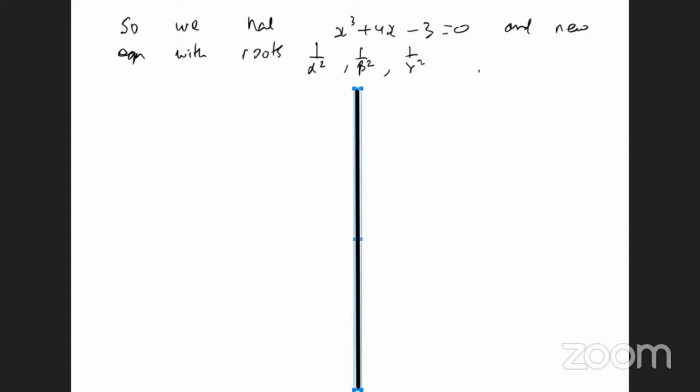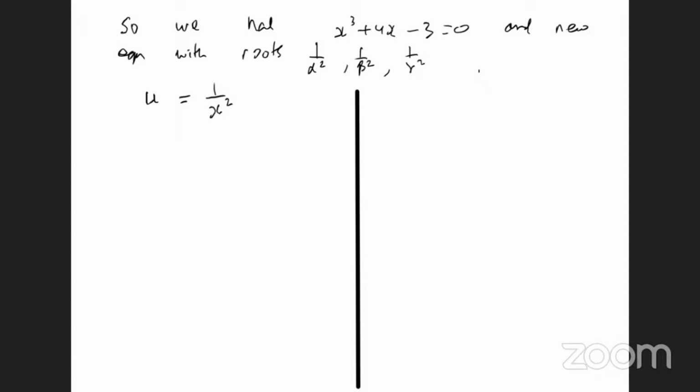So remember alpha squared and beta squared and gamma squared, right? Remember, those are the x values. Technically, we have 1 on x squared. All right? And 1 on x squared, let's make it equal to some new letter. Let's call it letter u. Right? Let u equal 1 on x squared.